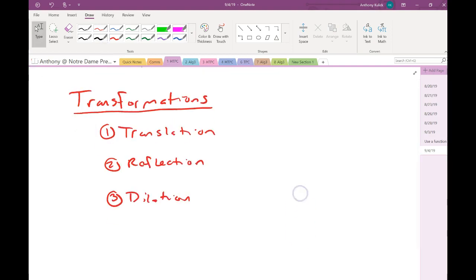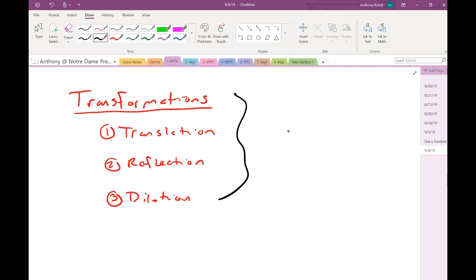So these are transformations we talked about in geometry. We're going to apply this idea of a geometric transformation to an algebraic setting, namely to a function. In geometry, you did translations and reflections and dilations to things like a square or a triangle, right?